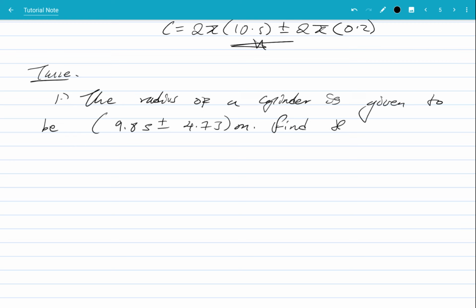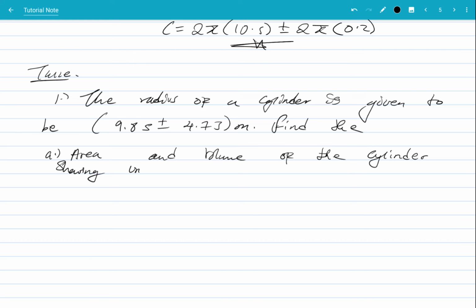Find the area and volume of the cylinder, showing the uncertainty. That is in each case.